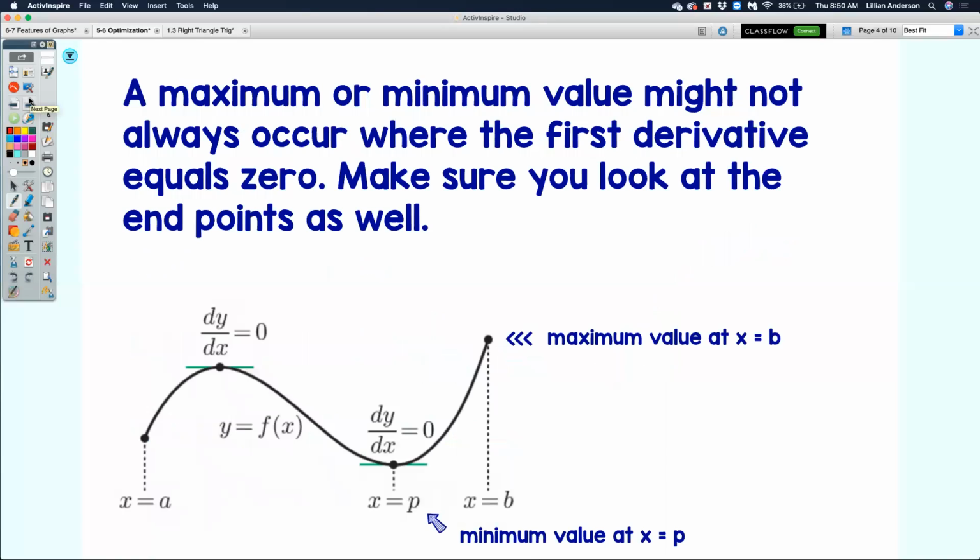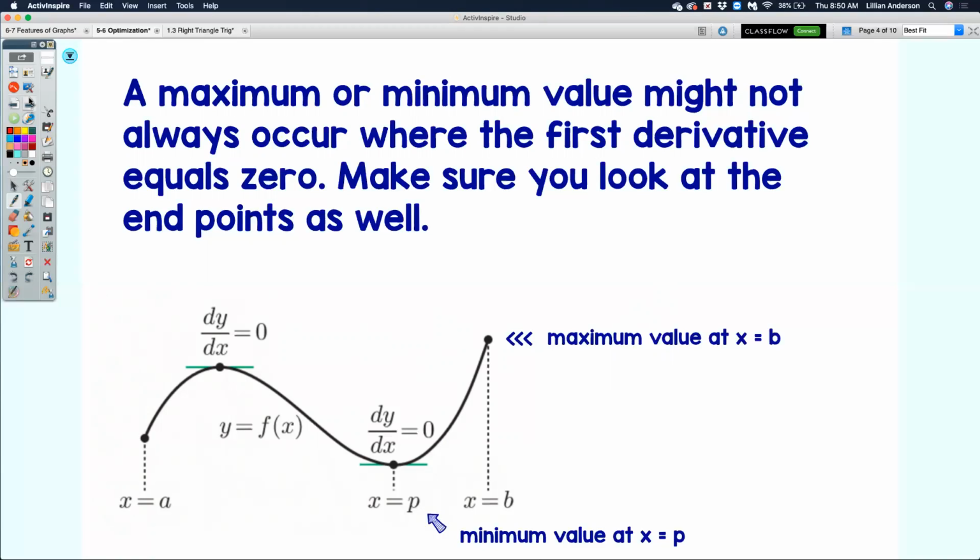So when it does come down to these application problems, the maximum or the minimum value, that optimum value, might not always occur where the first derivative equals 0. You want to make sure you look at the endpoints as well. Because if you think about it, if a company is producing a certain number of products, right? The smallest amount of product they can produce is 0. So that's an endpoint. They won't produce negative products.